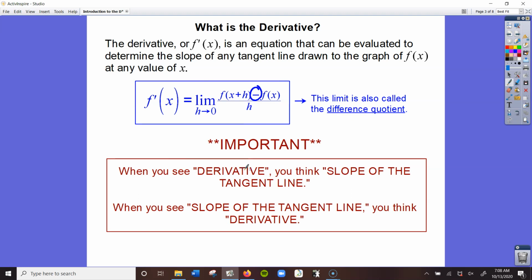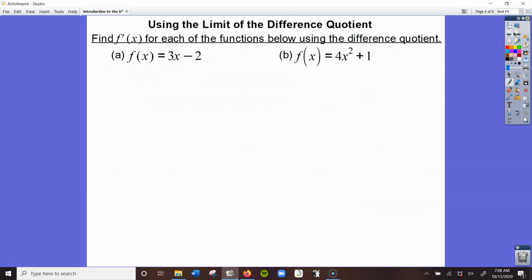So when you see a derivative, you need to think, okay, I'm finding the slope of the tangent line. And when you see find the slope of the tangent line, you need to think, I have to find the derivative. So they're the same exact thing. So let's just practice with a couple questions.